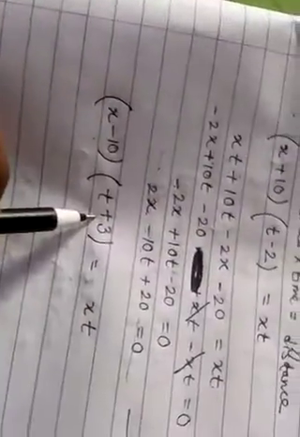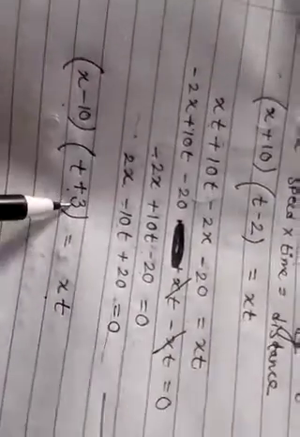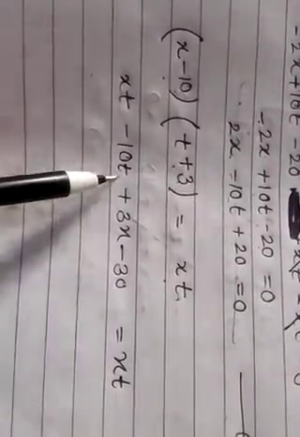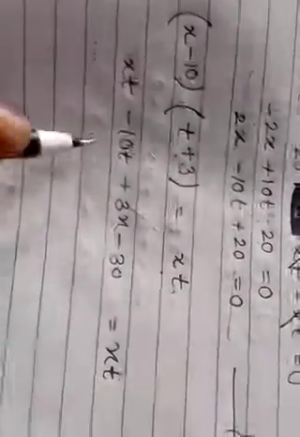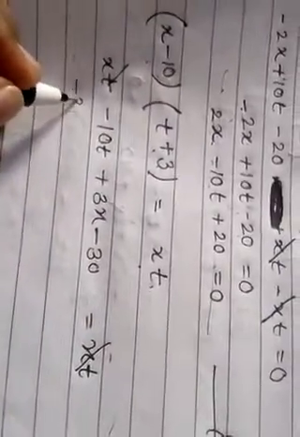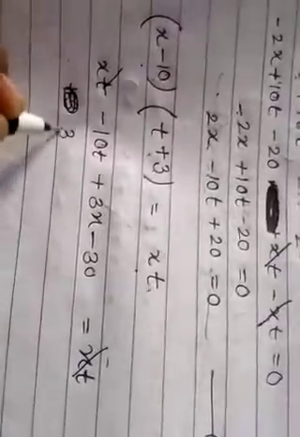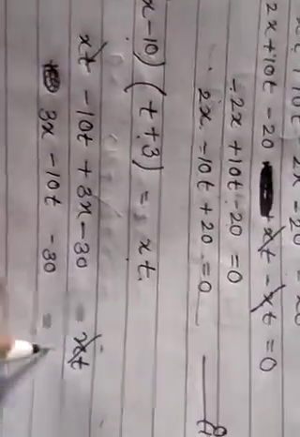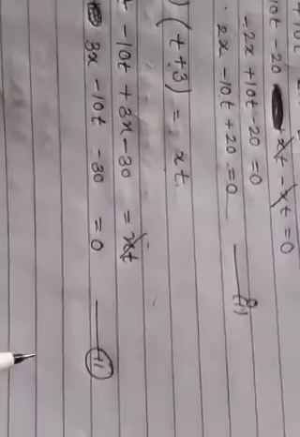Speed into time equal to distance. So now we are solving this. This will become xt minus 10t plus 3x minus 30 equal to xt. Now xt will cancel out from both sides, so it will become 3x minus 10t minus 30 equal to 0. This is our second equation.